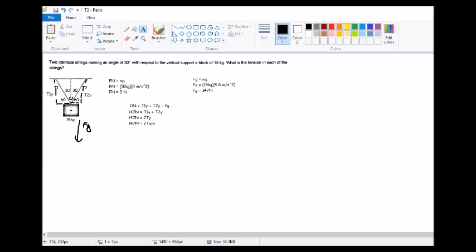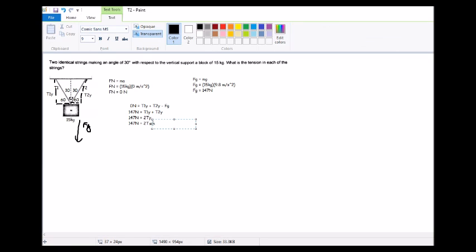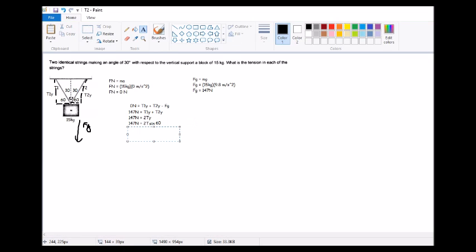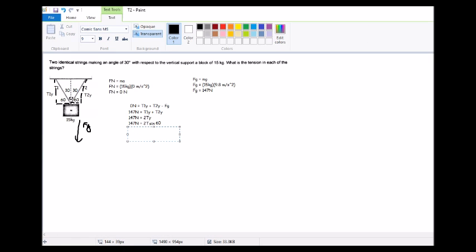And we could plug that in here, so we get sine of 60 degrees. And over here we could divide both sides by 2. So that gives us 73.5 equals T sine of 60.